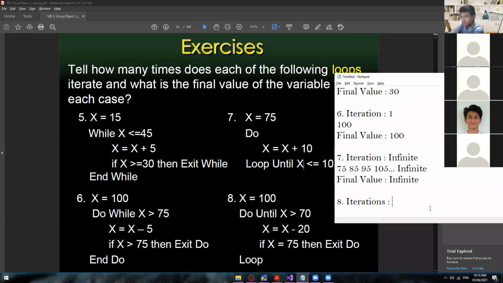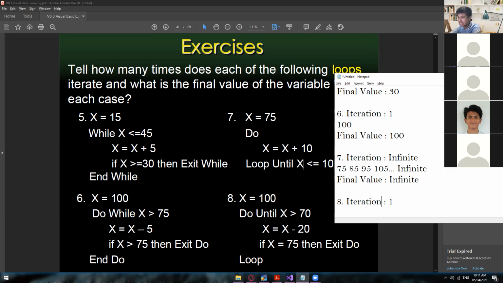So this will only loop one time only. Actually, it will only iterate one time.